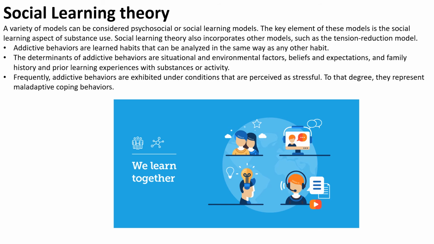Addictive behaviors are learned habits that can be analyzed in the same way as any other habit. The determinants of addictive behaviors are situational and environmental factors, beliefs and expectations, and family history and prior learning experiences with the substance or activity. Frequently, addictive behaviors are exhibited under conditions that are perceived as stressful. To that degree, they represent maladaptive coping behaviors.